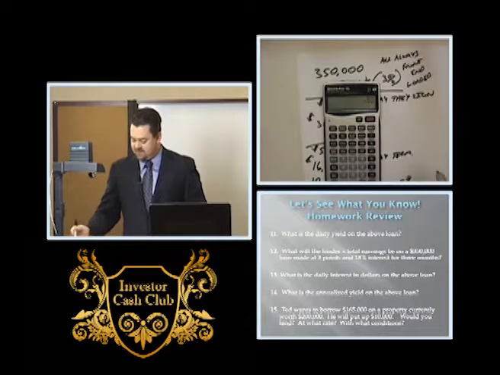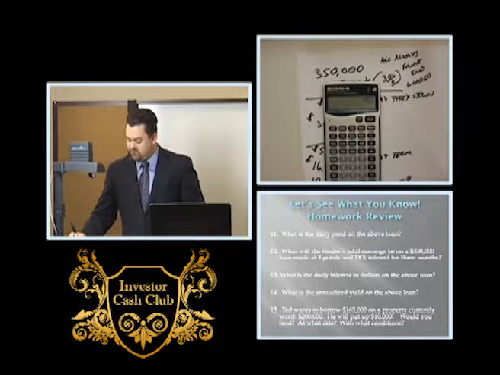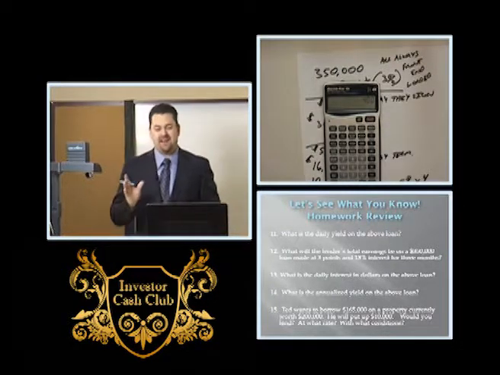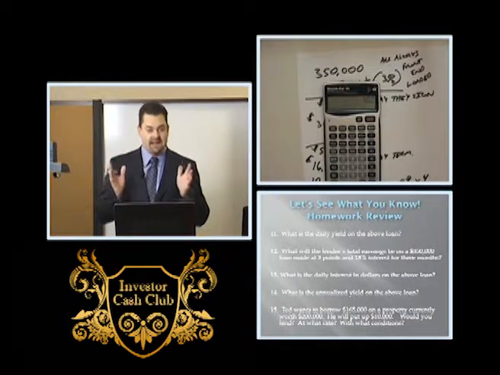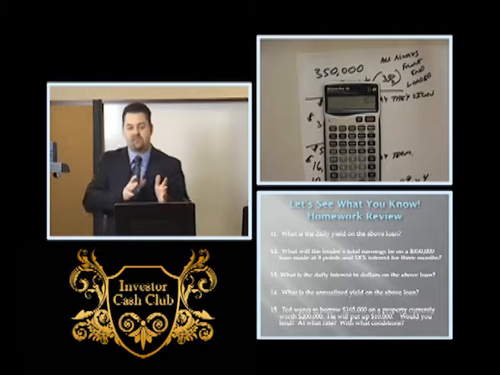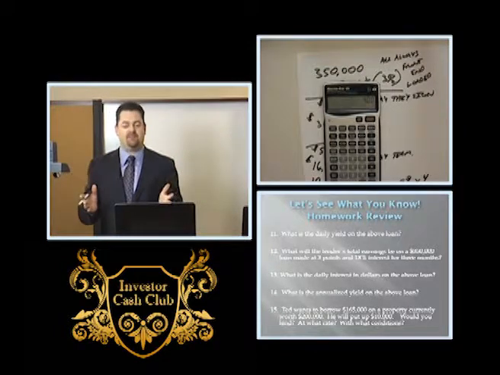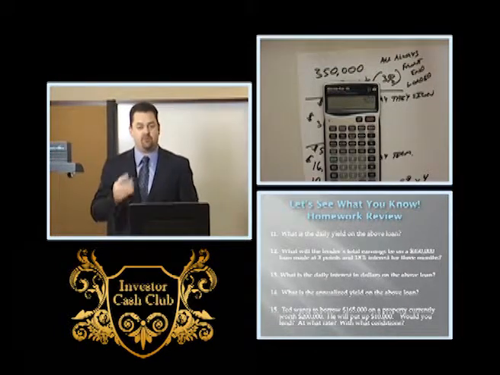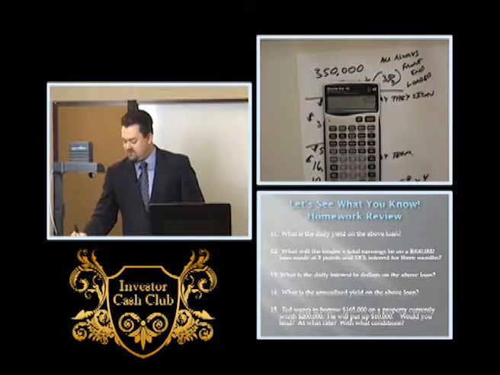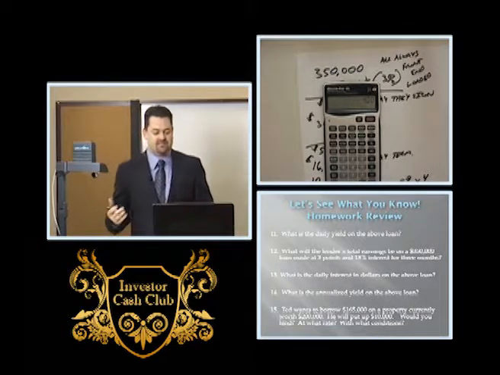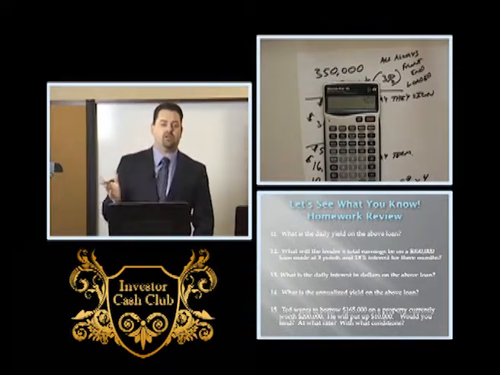So we take 360, divide it by 90, and what we get is 4. So if we can earn 8% on $350,000 in a 90-day period of time, we just then times it by the number of times 90 happens in a calendar year, which is 4. So we're going to take 8 times 4, which gives us a 32% annualized yield on the total loan.